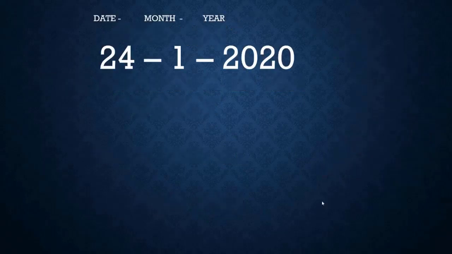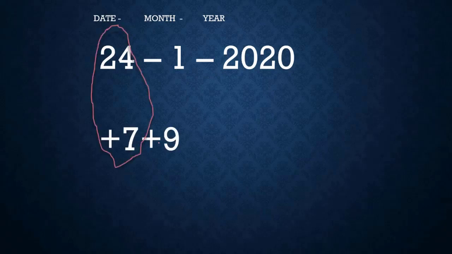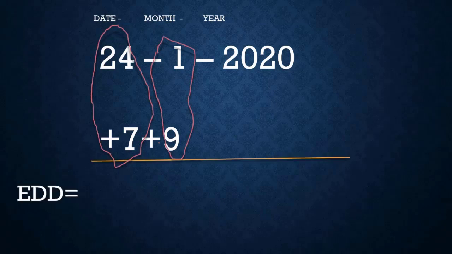Now first we will calculate EDD from a simple LMP. For example, the LMP is 24 January 2020. Now we have to add 7 days in date and 9 months in month. What will be the EDD? When we add 7 in 24, the answer will be 31.